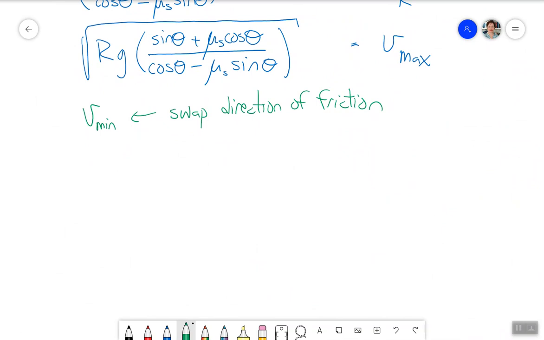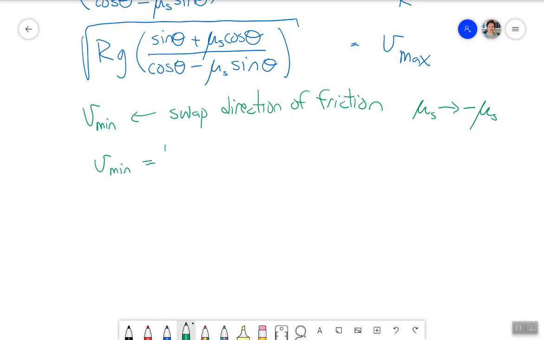Making the arrow a negative number is the same thing as switching its direction, which means every place we see a mu s, we're going to swap it out for a minus mu s.